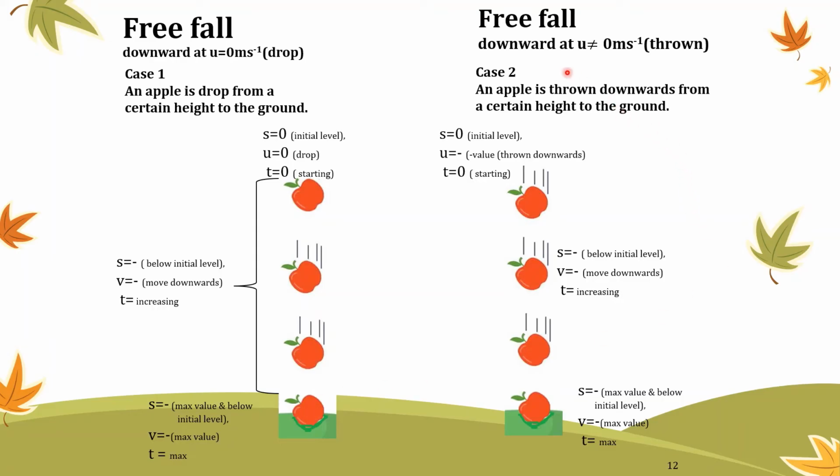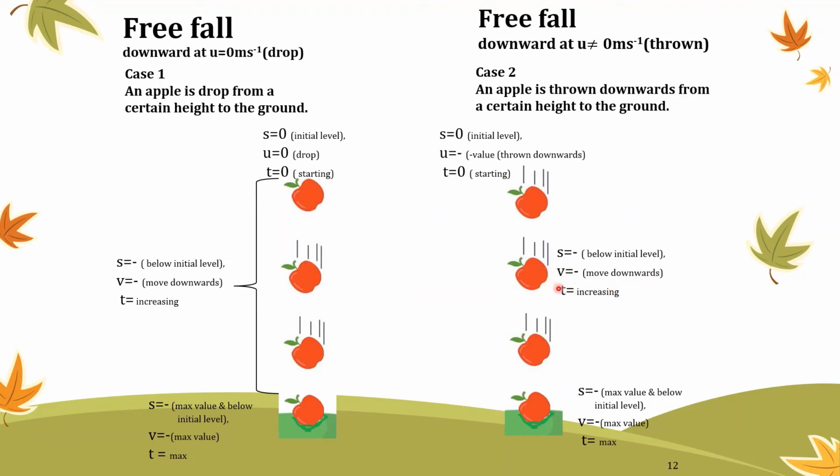The next situation, we have an apple thrown downward, but u not equal to 0. So what happened? Since it is thrown downward, the value of u should have a negative sign because the direction of the apple is downward. And when the apple goes down, the displacement will increase and be negative because it is below the initial level.